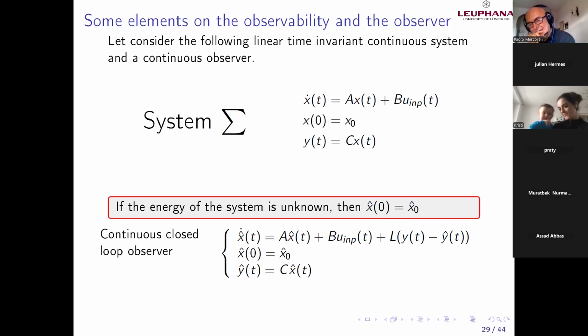If I don't consider this part here, if L equals 0, it is exactly the same, but we have a different initial condition. This is the idea of this last part of the lecture.